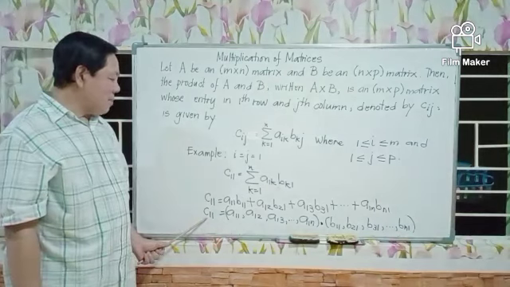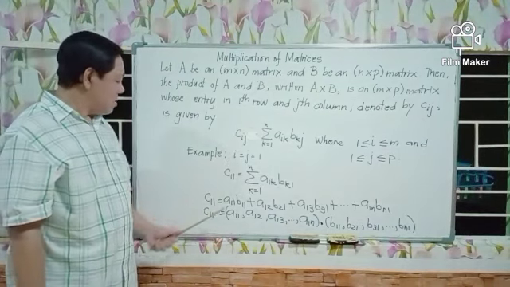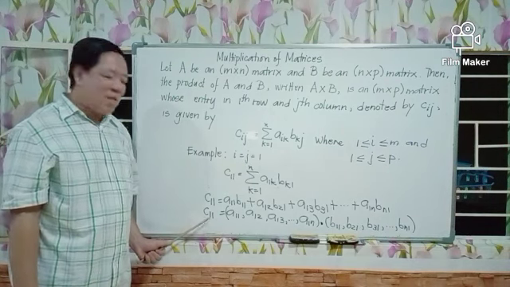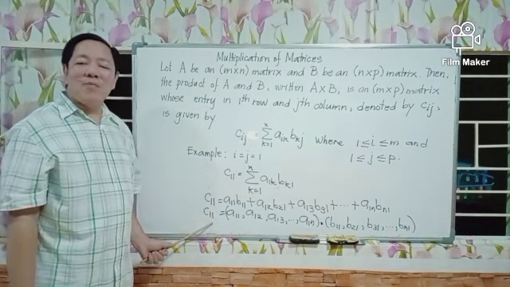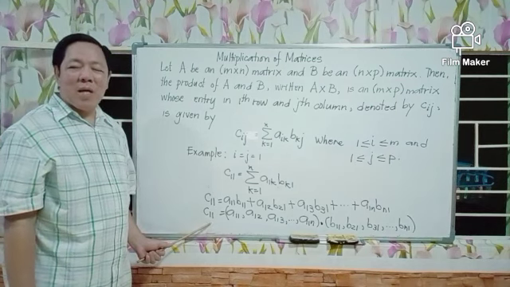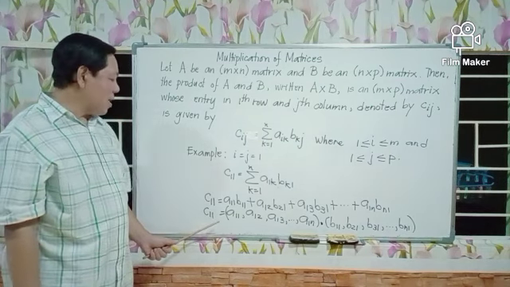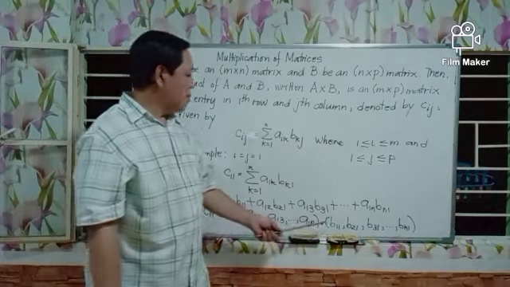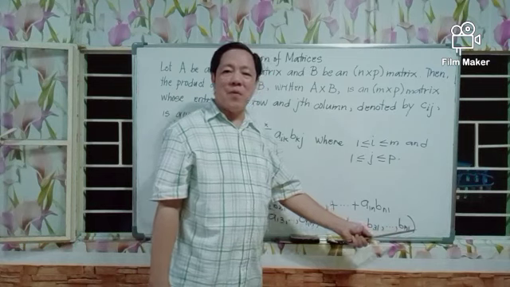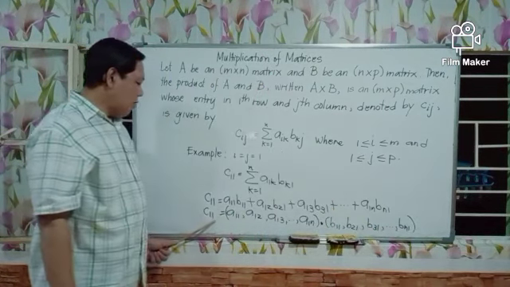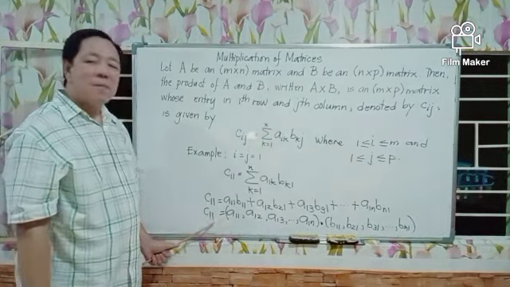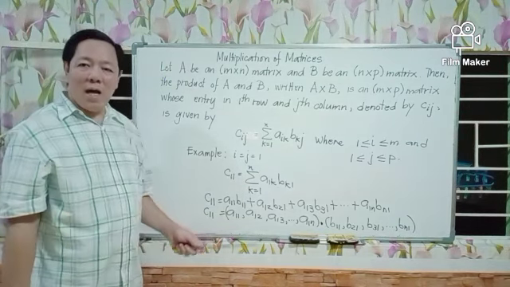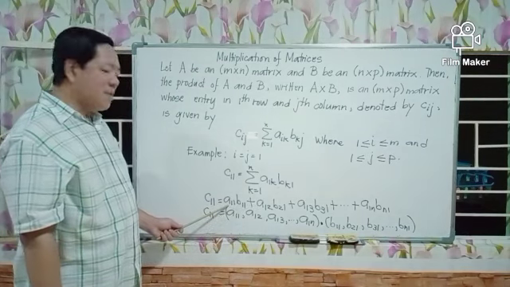Again, for this particular example, to get the entry c sub 1,1, multiply the entries in the first row of matrix A by the entries of the first column of matrix B, and add the products as we have done here.